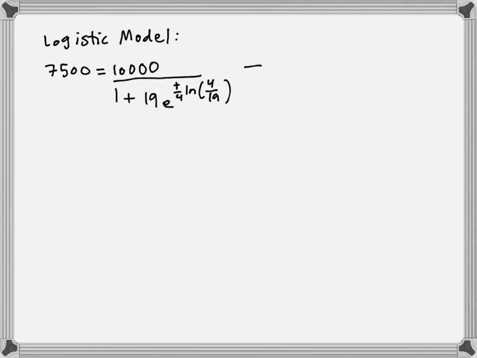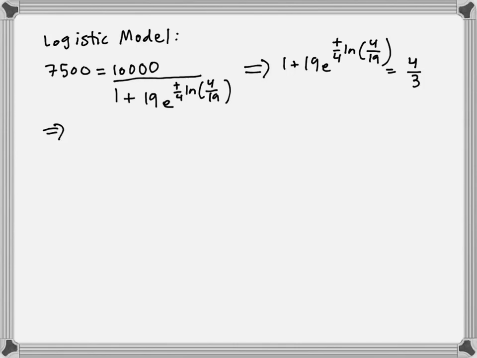Again, use cross multiplication and also divide. We end up with 1 plus 19 e to the t over 4 natural log of 4 over 19 is equal to what? Divided by 2500, you end up with 4 over 3, right? If you subtract 1 from both sides, that ends up being 1/3.